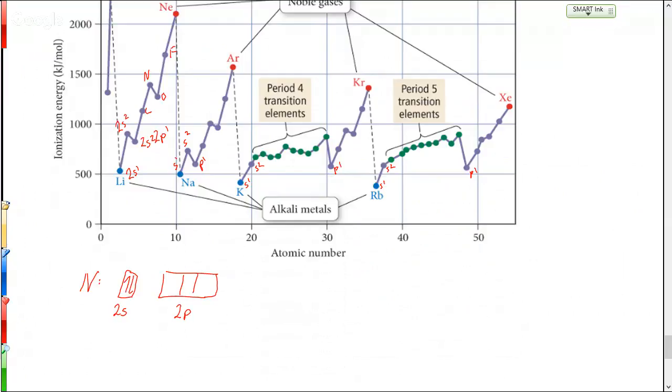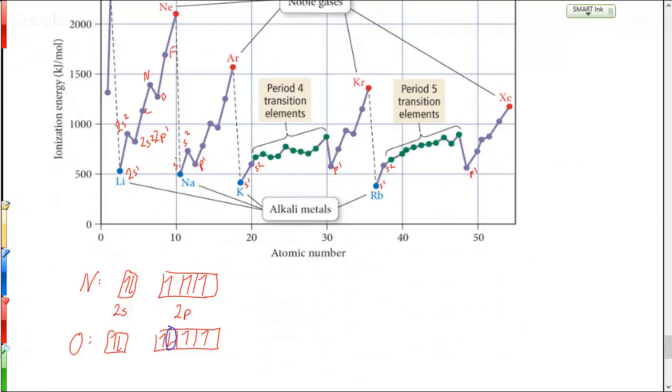So we've got 5 valence electrons. That looks like this. Oxygen, same thing, but 6 valence electrons. So what the graph is telling us is that it's a little bit easier to take out this last electron on oxygen than it is one of those on nitrogen.